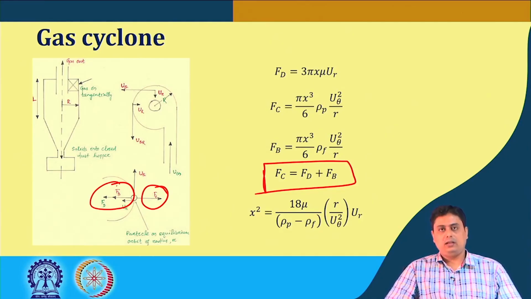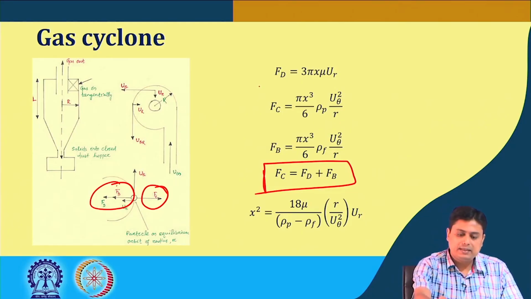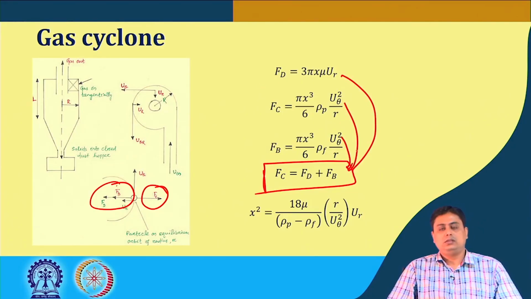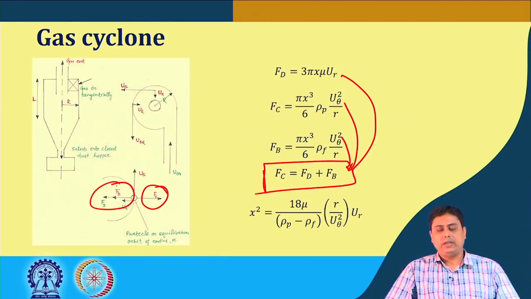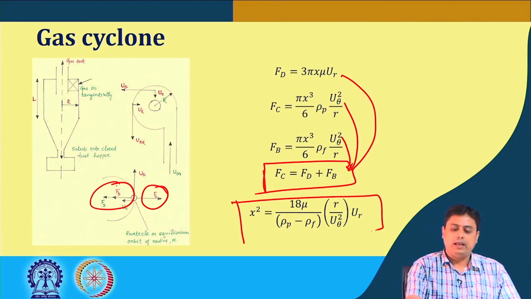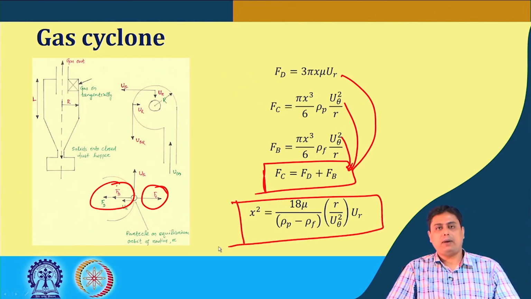If we now replace these expressions of Fc, Fd and Fb, you would achieve an expression for the particle diameter: x is equal to the square root of 18 mu divided by rho p minus rho f, multiplied by r divided by u theta square, multiplied by u r.